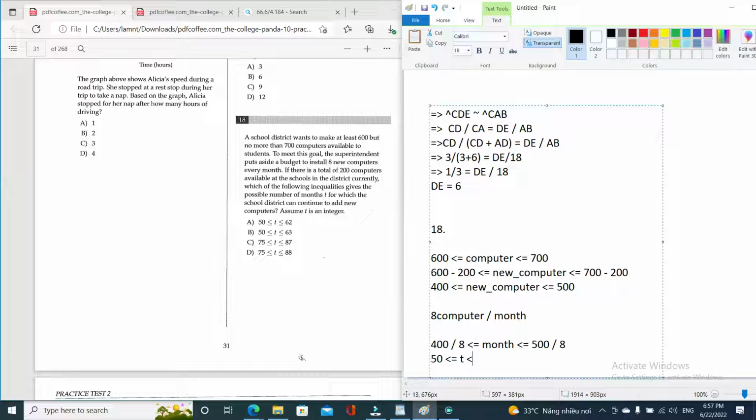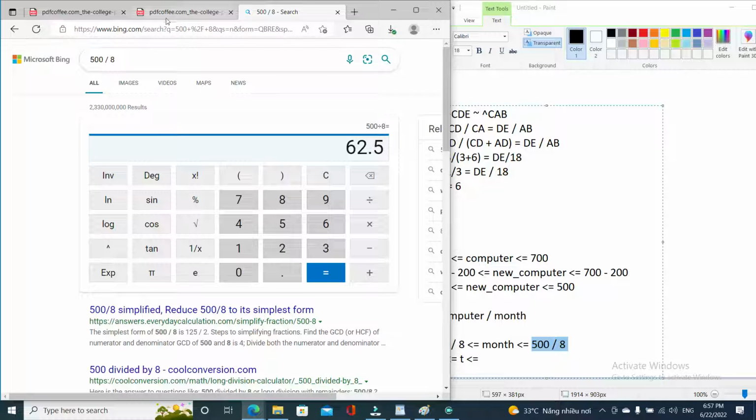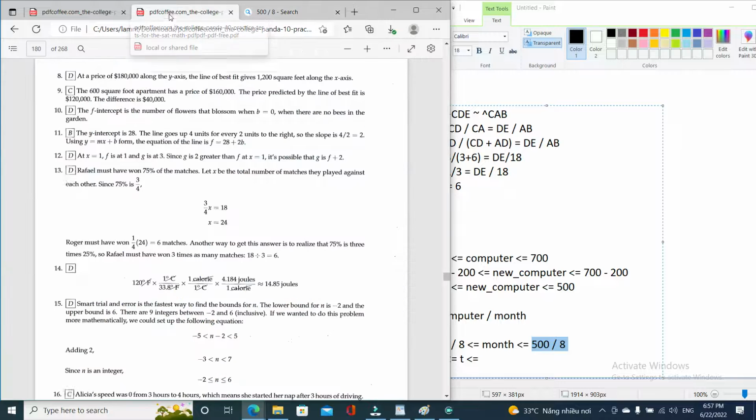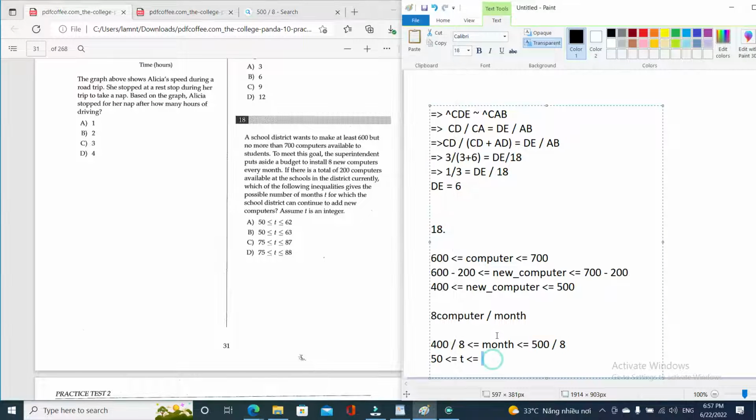And 500 divided by 8 is 62.5. So we have to take the upper bound, so it's 63, because this is the upper bound, so we have to round it up.